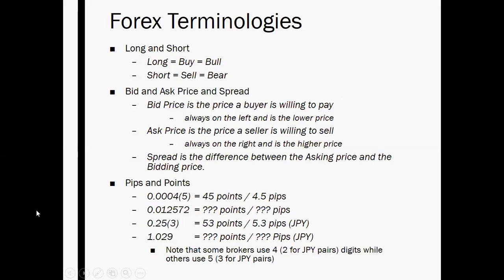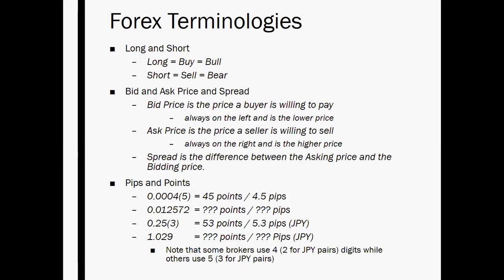So if your broker is giving you 5 decimal places, the 5th one is just minute. You can ignore it. You also have to note that for JPY pairs, JPY being Japanese yen, you don't have it in 4 decimal places.